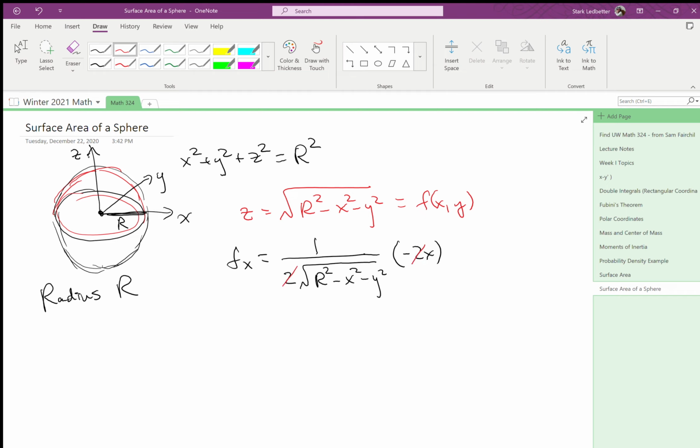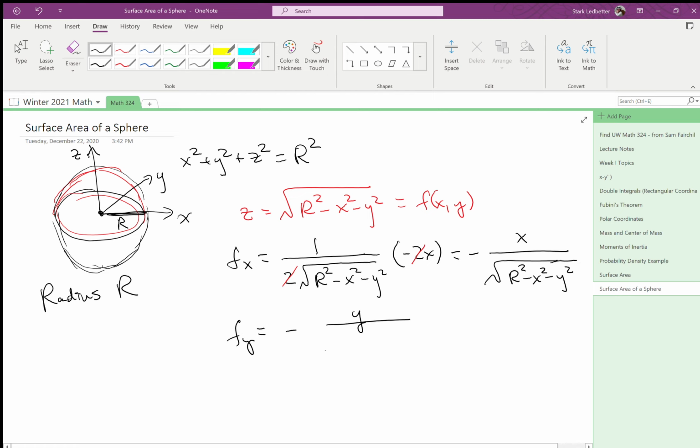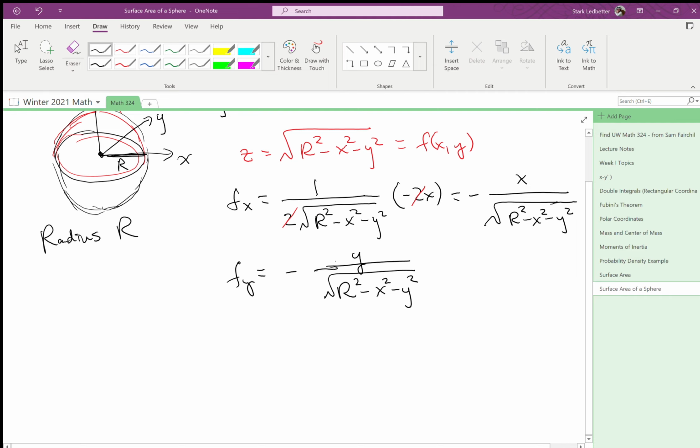So the 2's will cancel, and we'll get negative x over the root of r squared minus x squared minus y squared. Okay, and then fy is going to turn out to be much the same thing, so we'll get negative y over the root of r squared minus x squared minus y squared. If it's completely symmetrical, you don't have to do the work again. You know it's going to be the exact same thing.